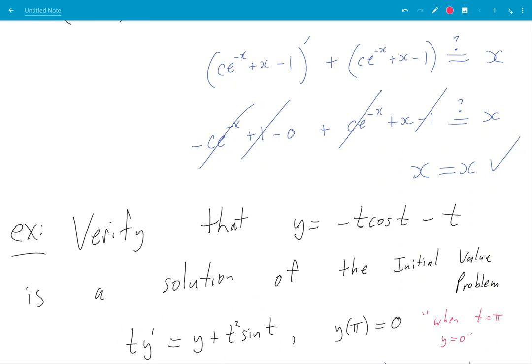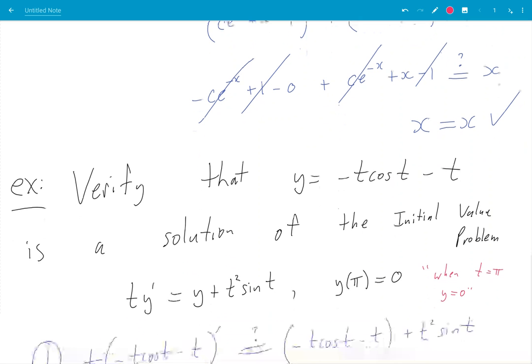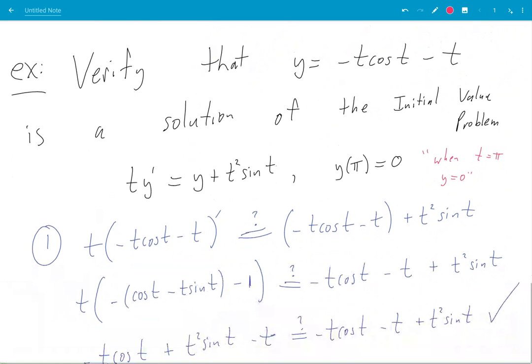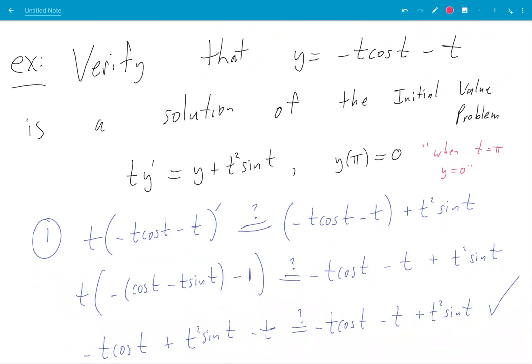Okay, so I'm going to start my verification the way I did above. I'm just going to check that this function works here. So I do it in blue here. You can pause and copy there.